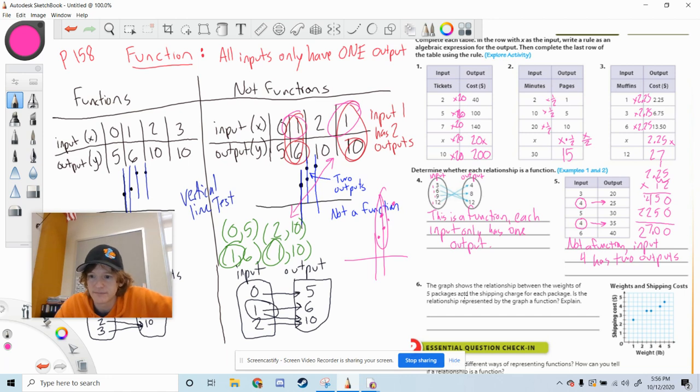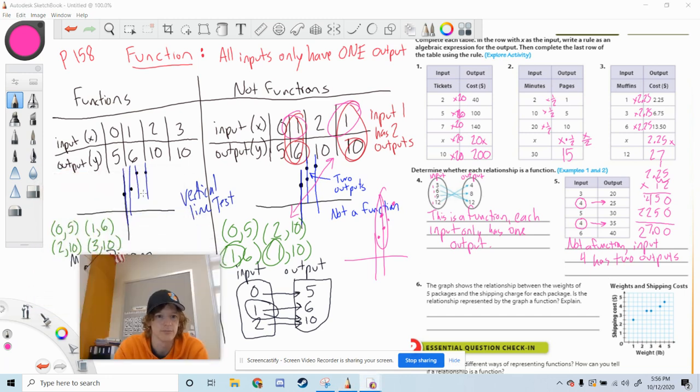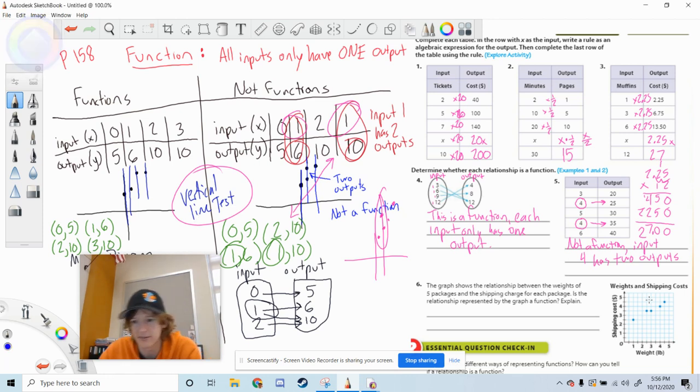Number 6. The graph shows the relationship between the weights of 5 packages and the shipping charge for each package. Is the relationship represented by the graph a function? Well, we've got a graph. What did we do on our graph? You see these blue lines? We did this vertical line test. So let's do a vertical line test on this graph here. I see there's a point right here, but it's the only point in that vertical line. Only point, only point, only point.